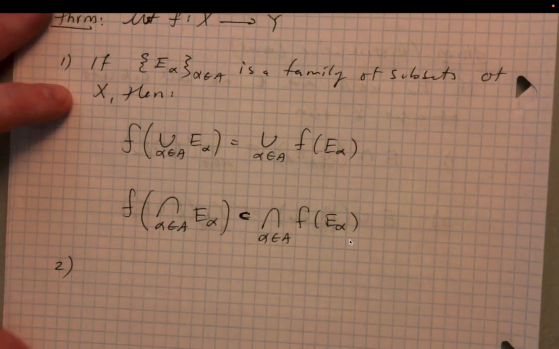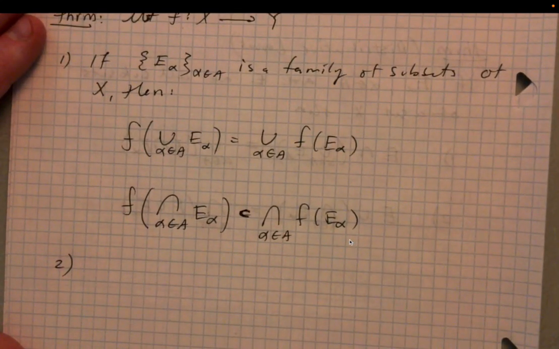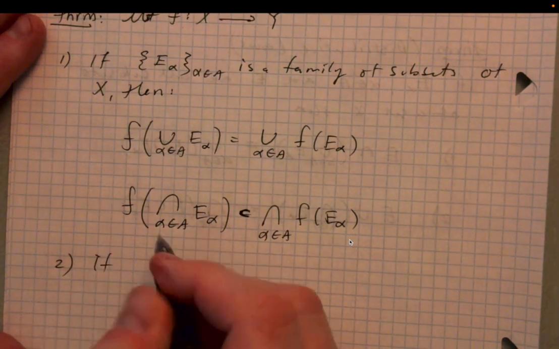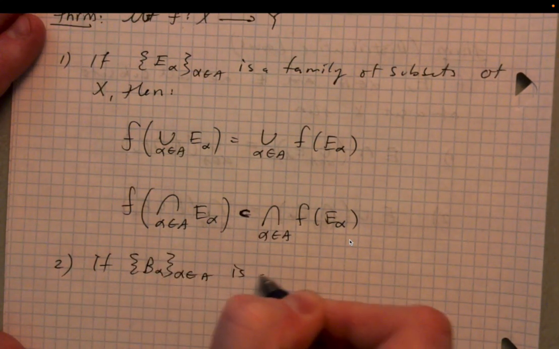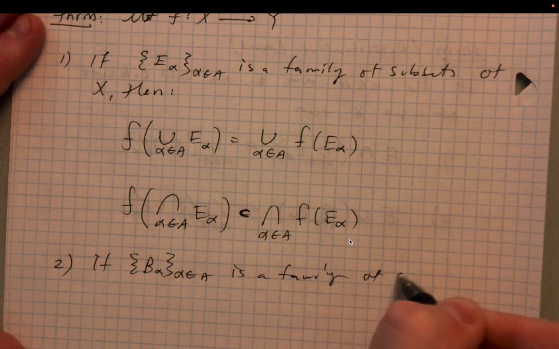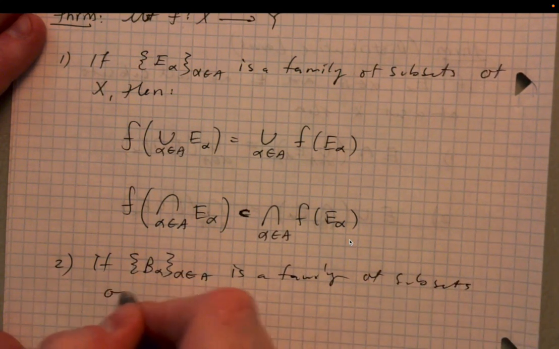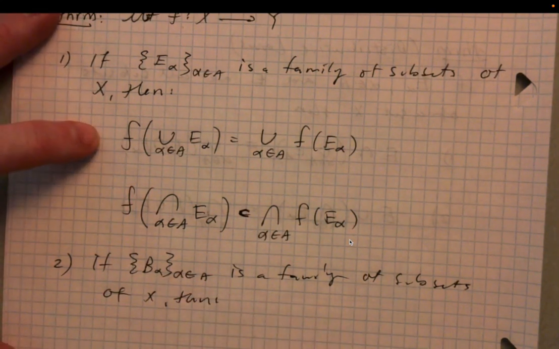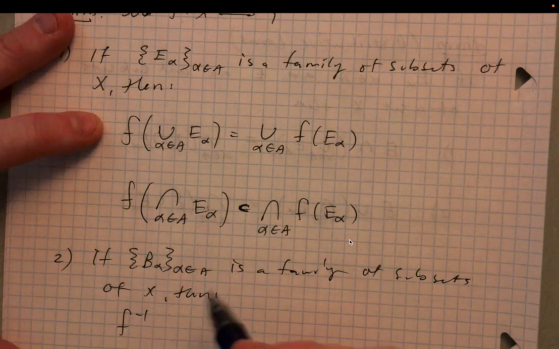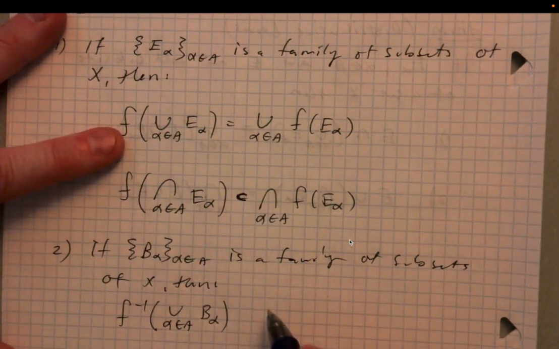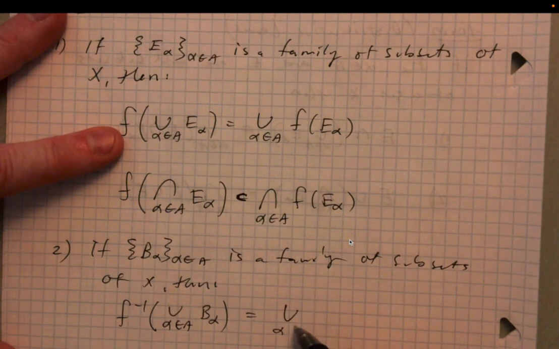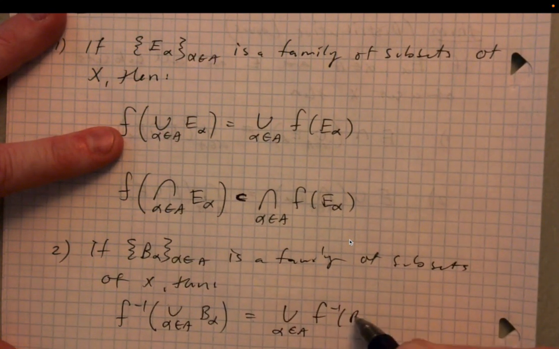Okay, and let's talk about the inverse image as well. So similarly, if B sub alpha, alpha in A, is a family of subsets of Y, then we can do something similar with the inverse. So f inverse of the union is equal to the union of f inverse of B alpha.